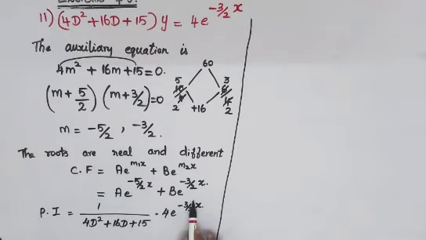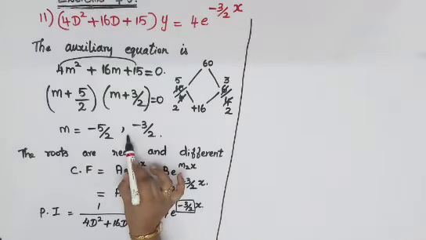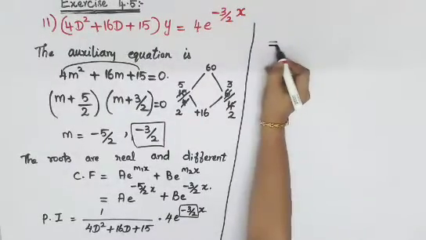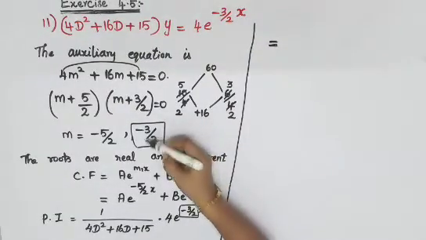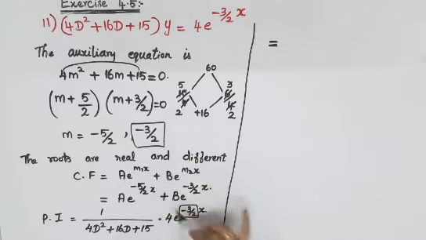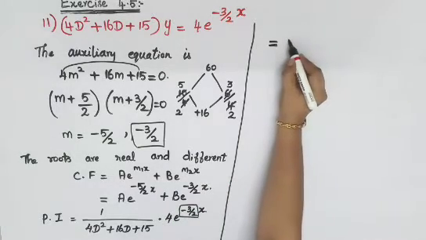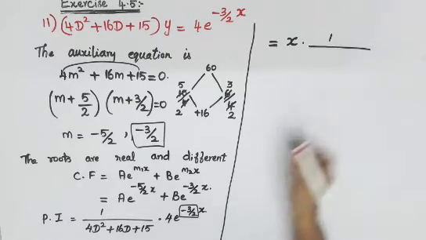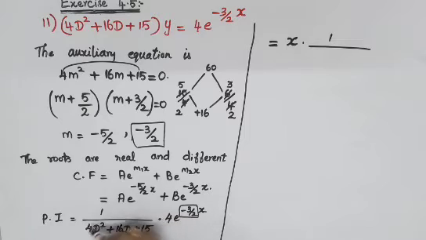Here we have the coefficient of x as -3/2, and the same -3/2 here also, in m. So if one value is the same, you can introduce x in the numerator, then 1 divided by one-time differential of your denominator.